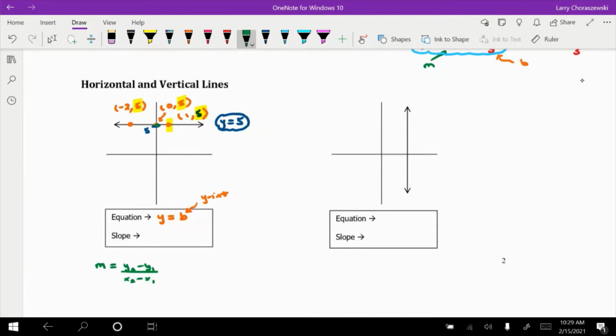If we picked 0, 5 and 1, 5, and let 0 be x1 and 5 be y1, and 1, 5 be x2, y2, then the numerator would be 5 minus 5 all over 1 minus 0, giving us 0 over 1, and 0 over 1 is 0.